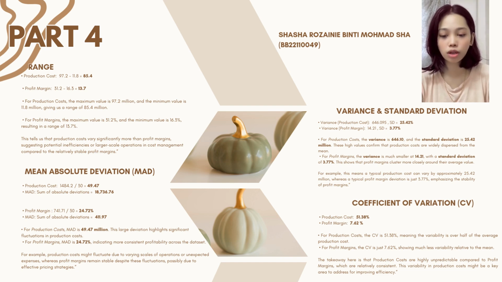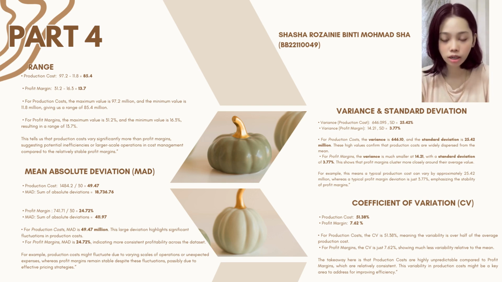Next, we calculate the mean absolute deviation, which is MAD. This metric shows the average distance of each data point from the mean. For production cost, MAD is 49.47 million. This large deviation highlights the significant fluctuation in production cost.